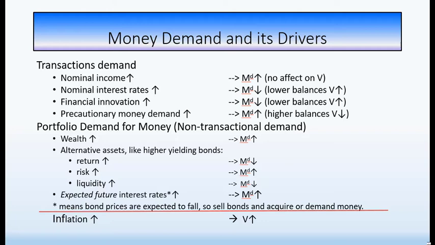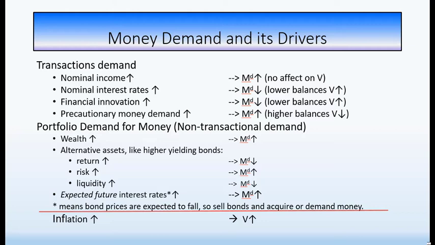We assume that there's no effect on velocity of money. So the number of transactions that you're doing won't change. But your income goes up, you're going to hold more money, and maybe the dollar amounts of the transactions may be bigger. But from a velocity perspective, we're going to assume that there's no effect there.